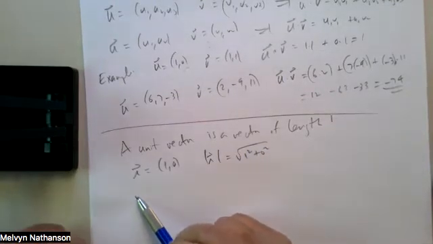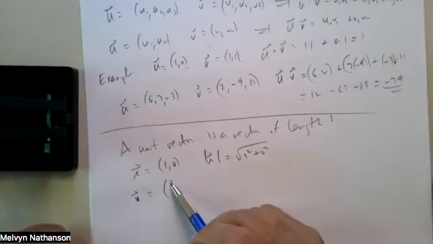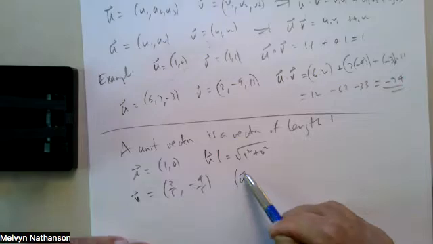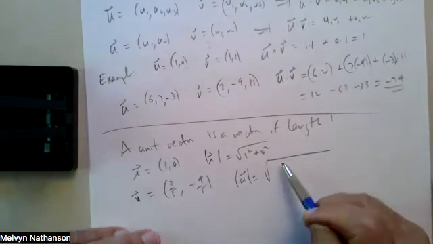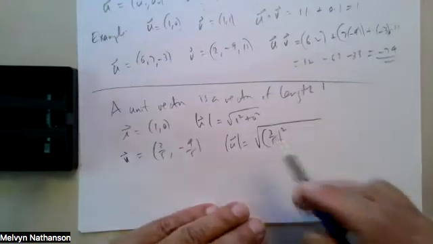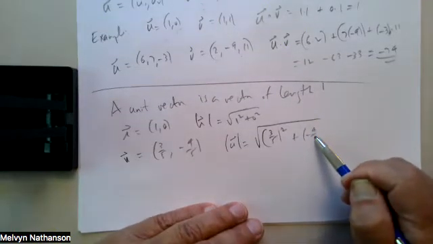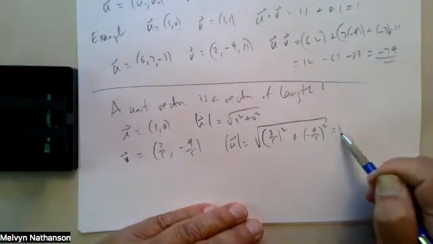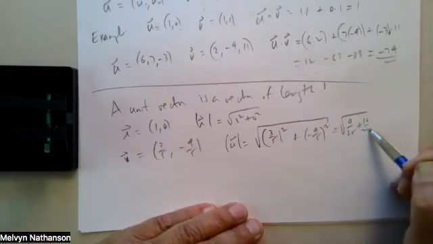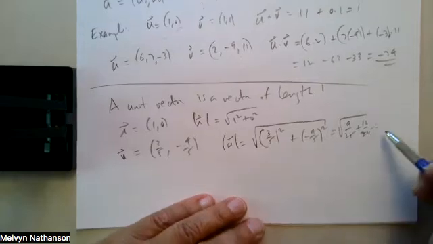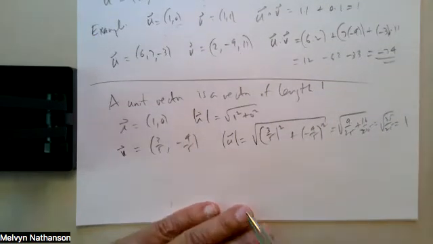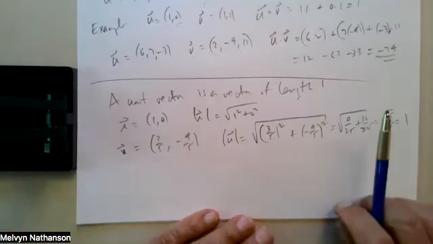If I take the vector u with coordinates (3/5, -4/5), the length of u is the square root of (3/5) squared plus (-4/5) squared. That's the square root of 9/25 plus 16/25, which is the square root of 25/25, which is the square root of 1, which is 1. So this is also a unit vector.